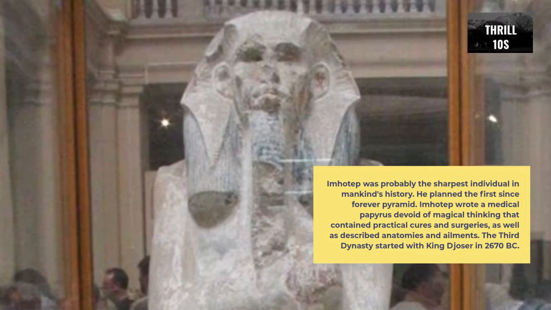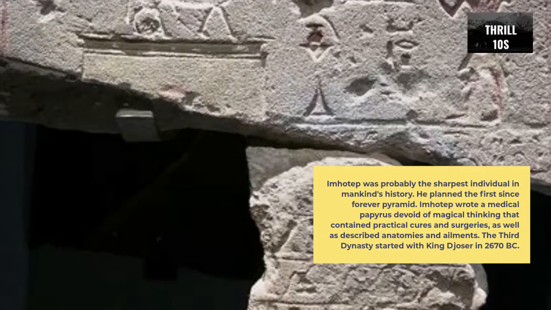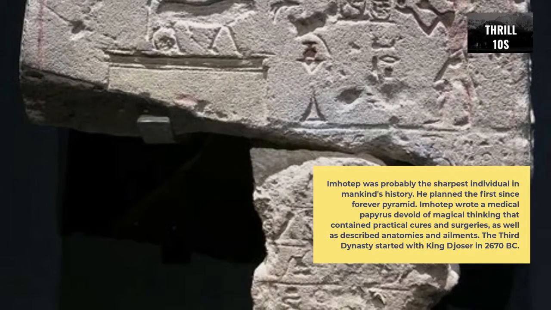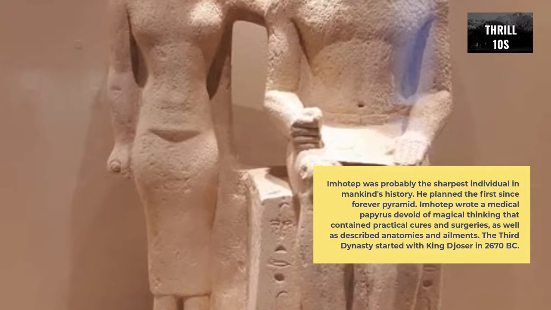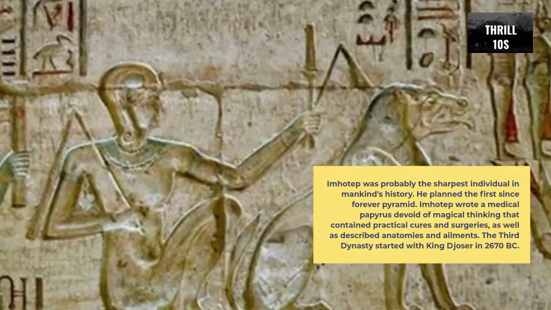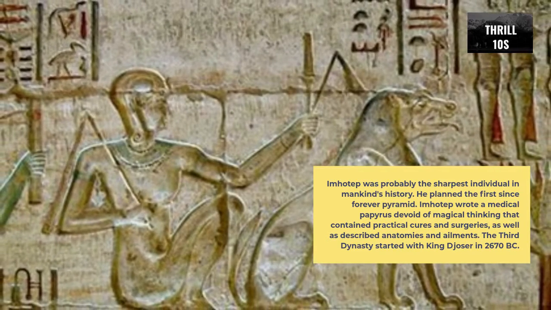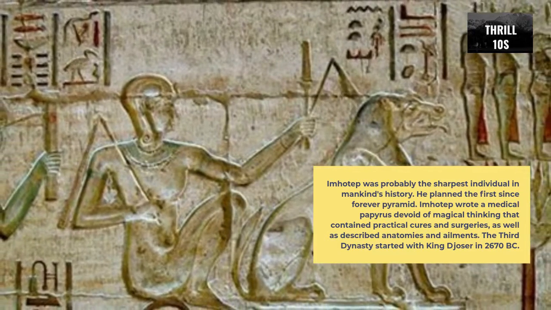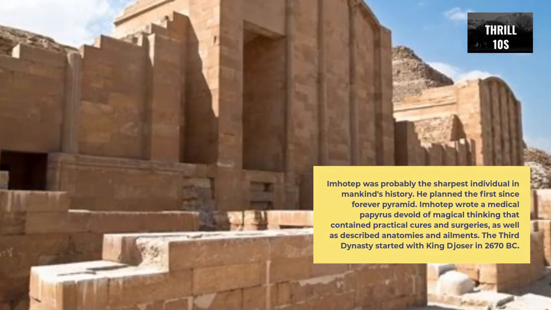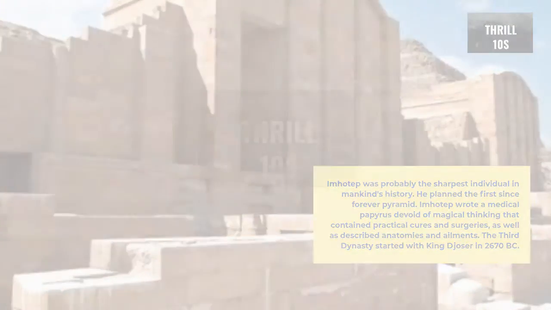He authored a medical papyrus devoid of magical thinking that contained practical cures and surgeries, as well as described anatomies and ailments. He was the first architect to use support columns for building, and he designed the first lasting pyramid. The burial place of Djoser introduced the age of the pyramid builders, otherwise known as the Old Kingdom. In the ages to follow, Imhotep was venerated as a god of healing and wisdom.